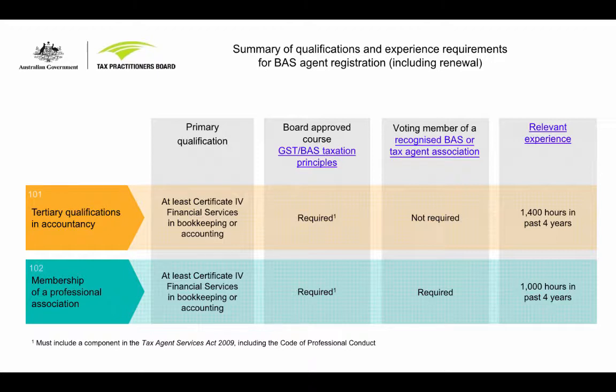But I needed to do one more thing before they allowed me to be approved, and that was I needed to also complete a GST course, a board-approved course, GST and payroll as well. So I completed those in order to be able to gain my individual BAS agent qualification.